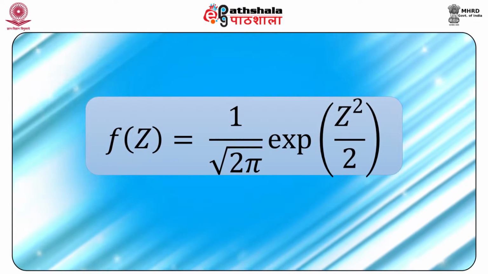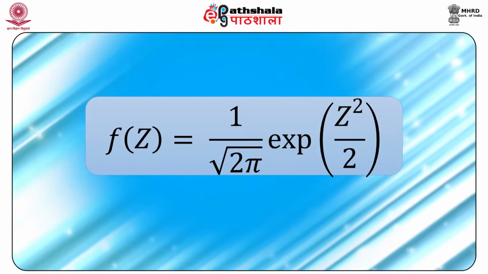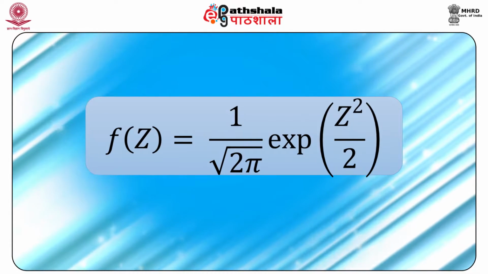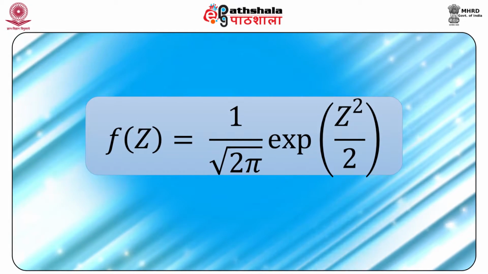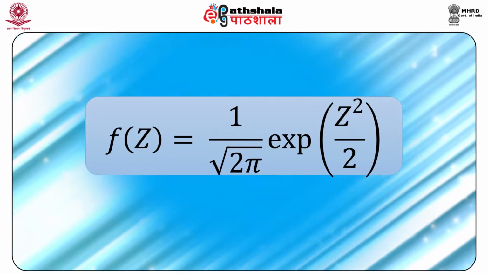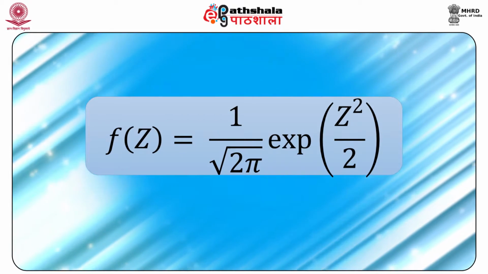This standardized normal variable z has zero mean and unit variance. The probability density function of the standardized normal variate therefore is very simple and is as follows: f(z) is equal to 1 upon root 2 pi into exponential of minus z square by 2.